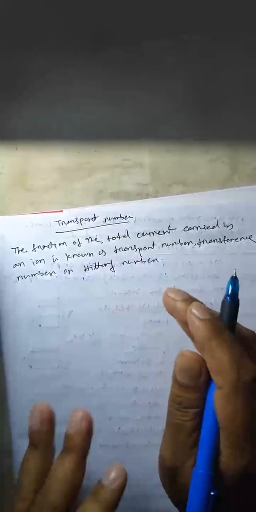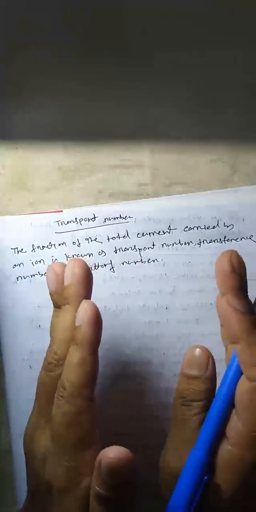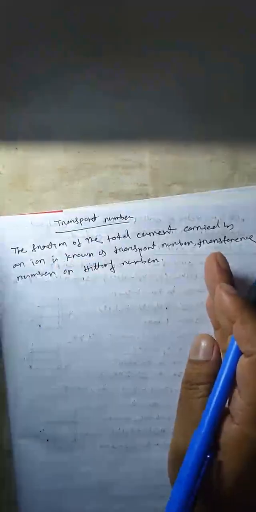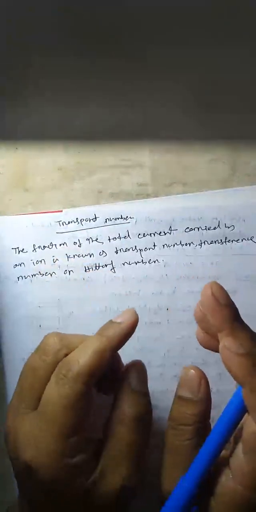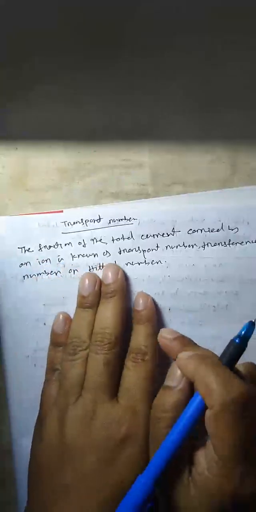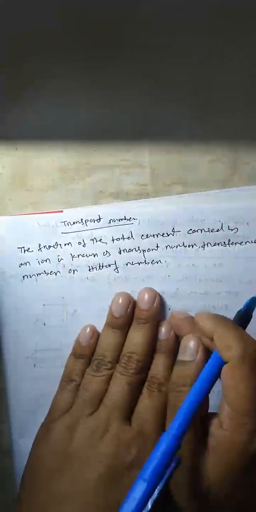That means whatever be the current carried in an electrolytic solution by the ion, the fraction of the total current carried by an ion is known as the transport number.